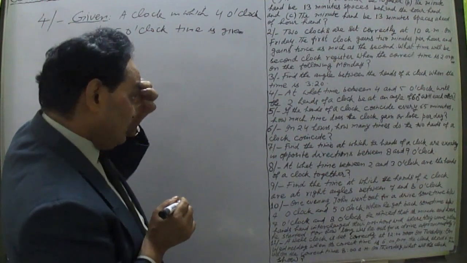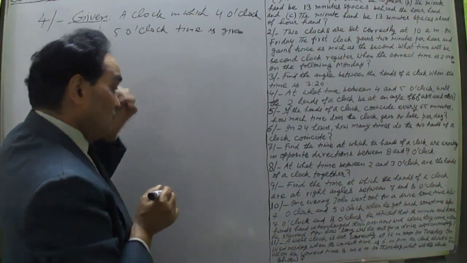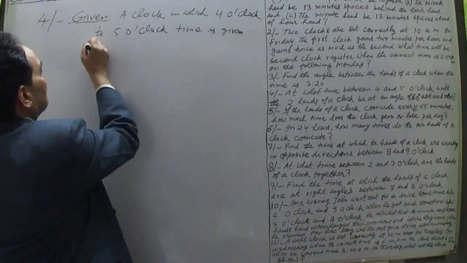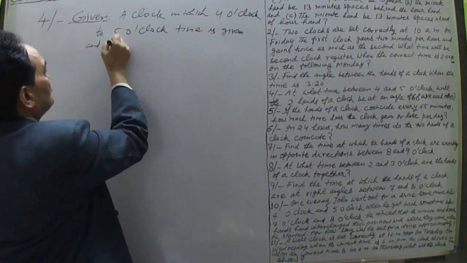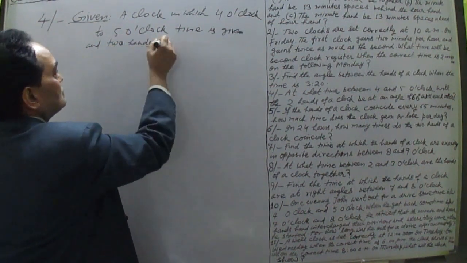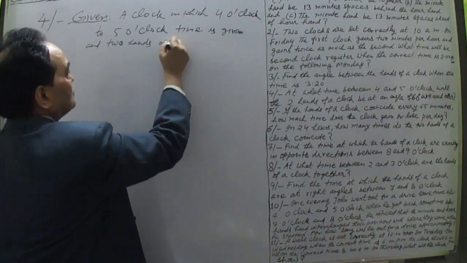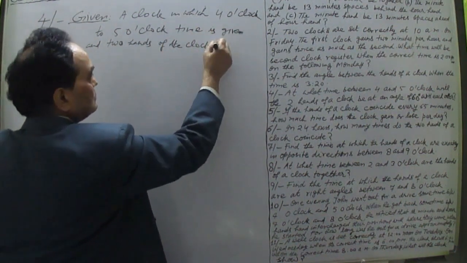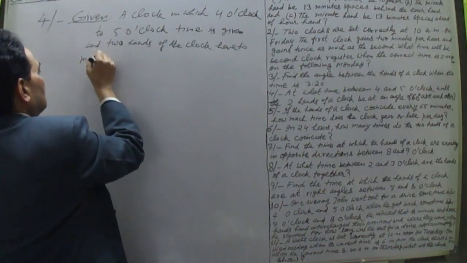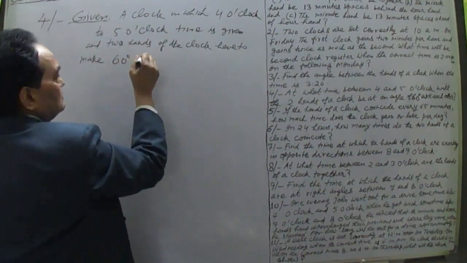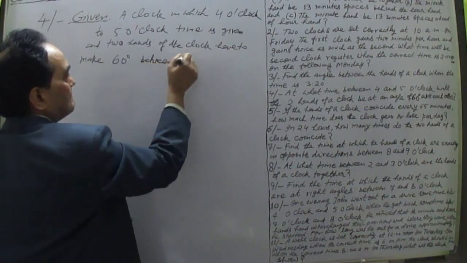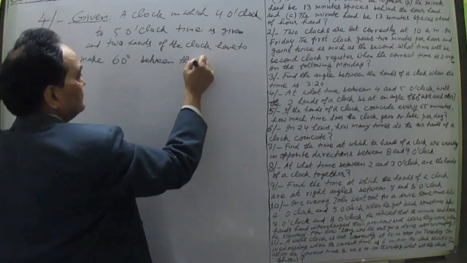Between 4 and 5 o'clock the two hands of the clock are given, and the two hands of the clock have to make a 60 degree angle between them. This is given to us.